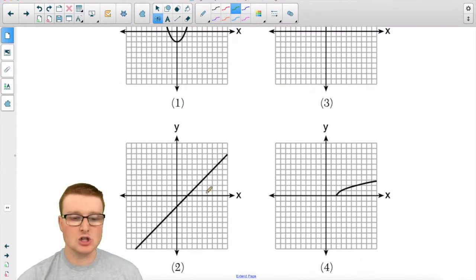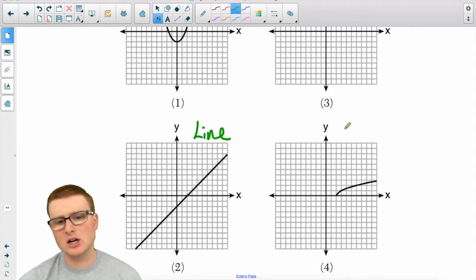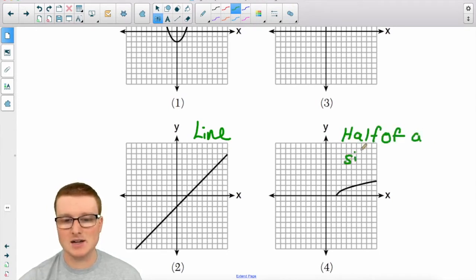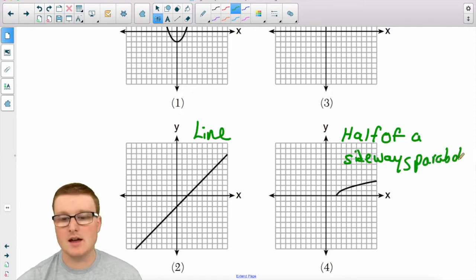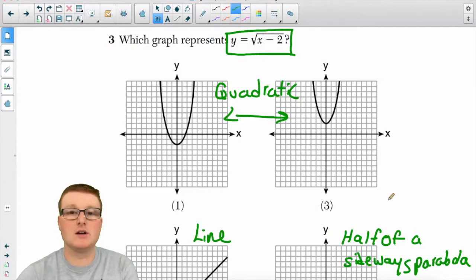Choice 2 shows a line. Choice 4 shows, just by looking at it, half of a sideways parabola. Okay? Now, there is actually a real term for it, but I just call it a sideways parabola for you.